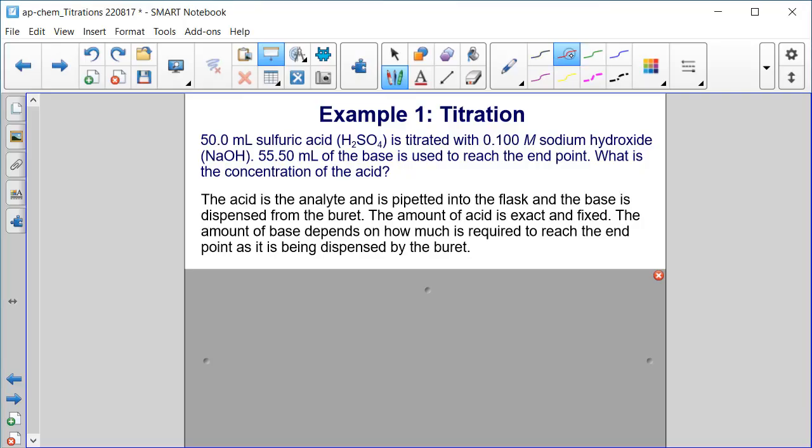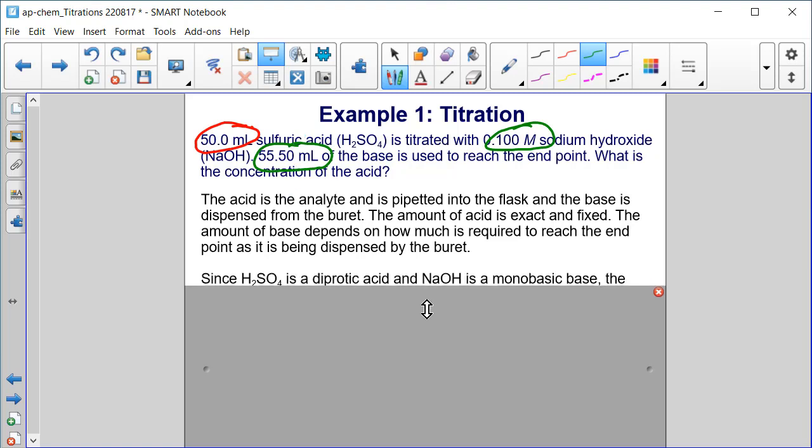All right, the acid is the analyte, as we said, and is pipetted into the flask, and the base is dispensed from the burette. So this is our titrant. The amount of acid is exact and fixed. The amount of base depends on how much is required to reach the endpoint, and we're told that that's 55.50 milliliters.